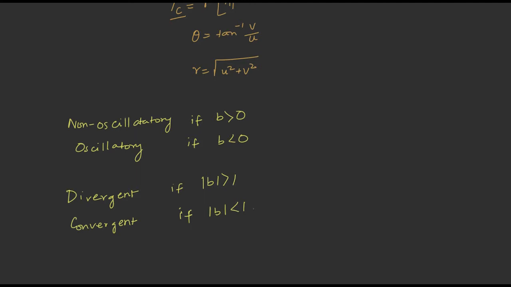Difference equations are basically time graphs. If b is greater than 0, the graph is non-oscillatory, and if b is less than 0, the graph is oscillatory. If the modulus of b is greater than 1, it is divergent, and if the modulus of b is less than 1, it is convergent. Very simple.